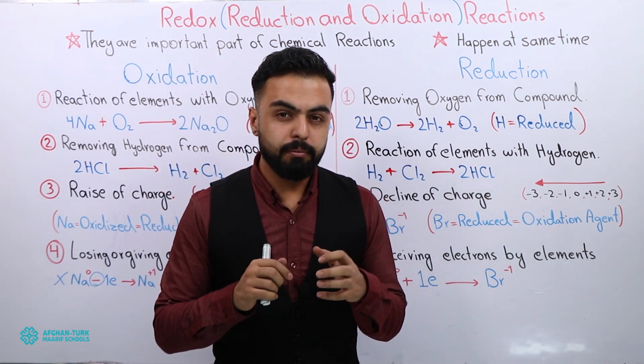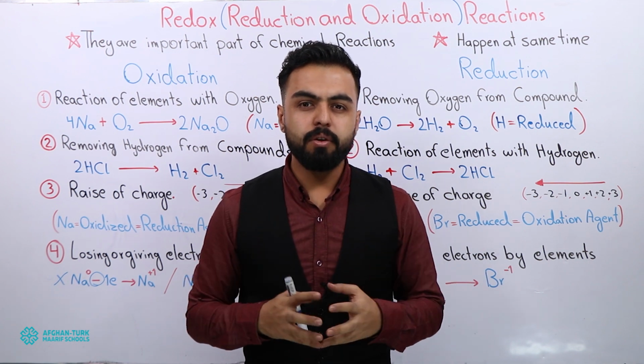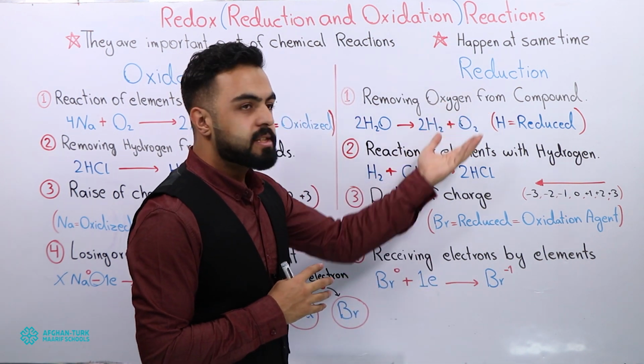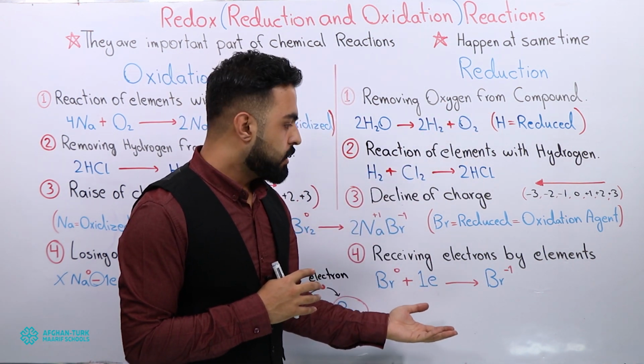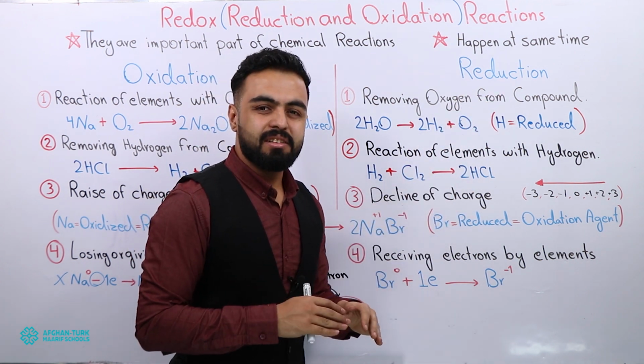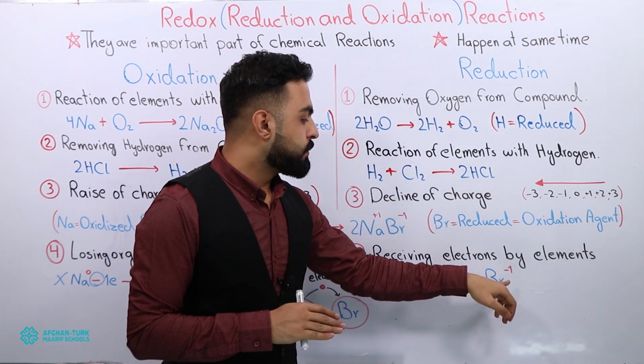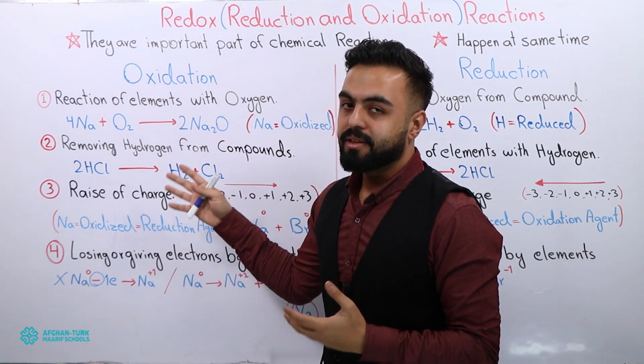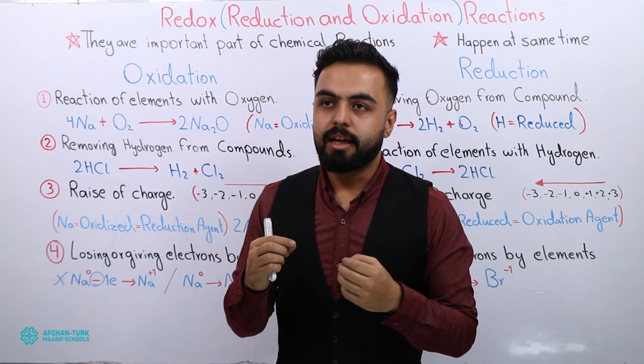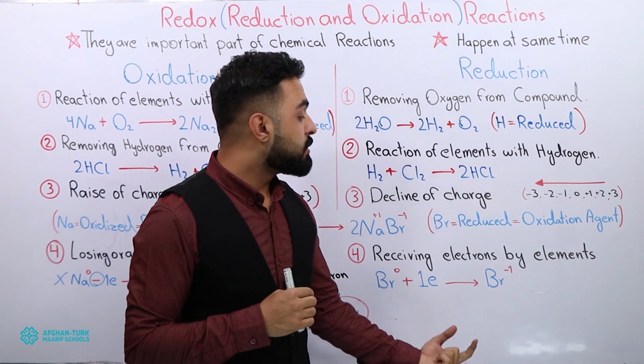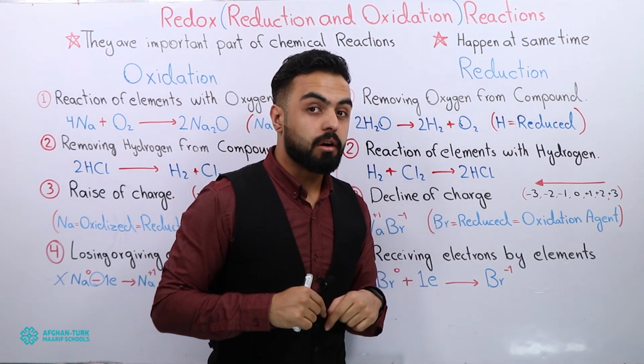And sometimes you may be confused why. This one receives electron, so why is it called reduction, reduce? And this one loses electron and is called oxidation. Remember, they receive negative charge.